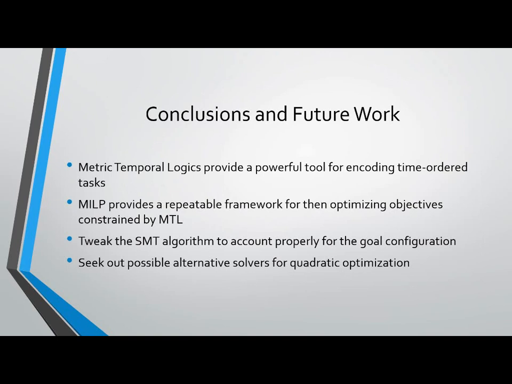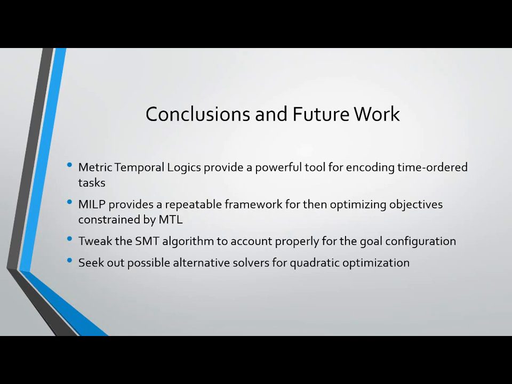And so I'll just go over the conclusions and future work for this project. One thing we saw was MTL providing a powerful tool for encoding time-ordered tasks, where we were able to get the robot to do things at certain times, either eventually getting to that station or eventually getting to the goal. And not just MTL, but temporal logics.